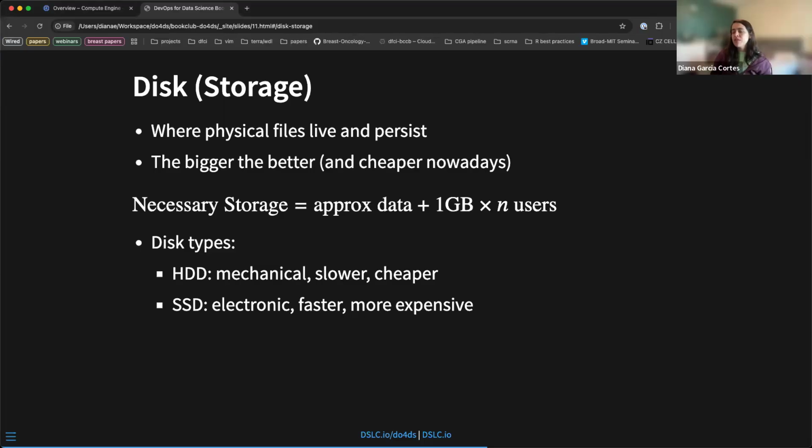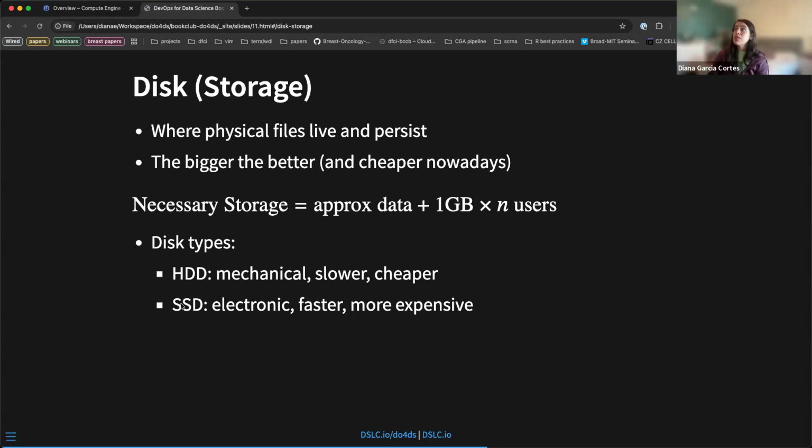Okay. So yeah, we have two types of these disks, like two types of storage. We have HDDs and SSDs. Now there are tons of laptops that already come with SSDs, but I think HDDs are still the most common type of disk.